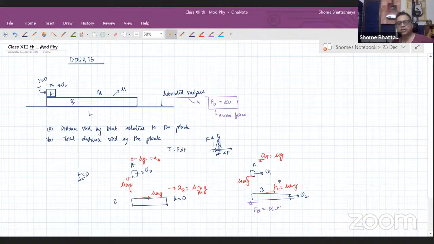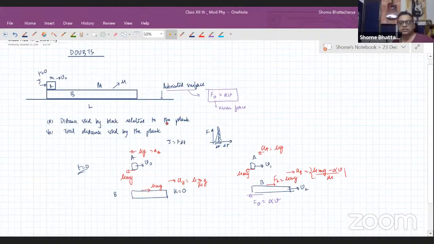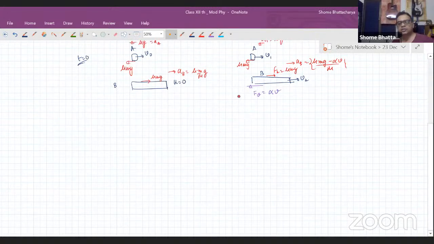And B's acceleration is going to be this kind of a term. If you look at this, this second picture was at a time t.